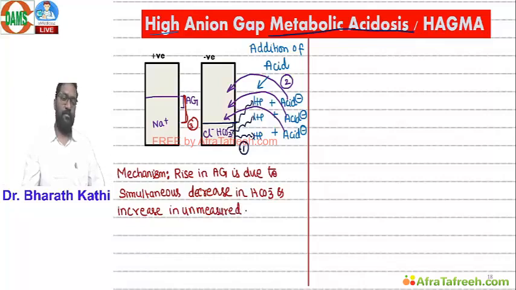What is this unmeasured anion? It is nothing but acid anion. This is the basic mechanism.